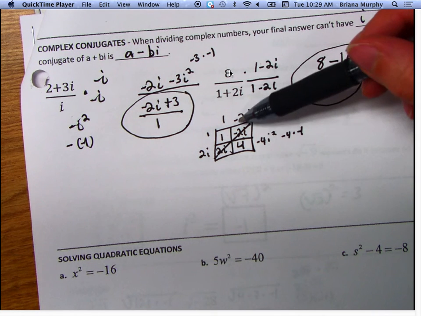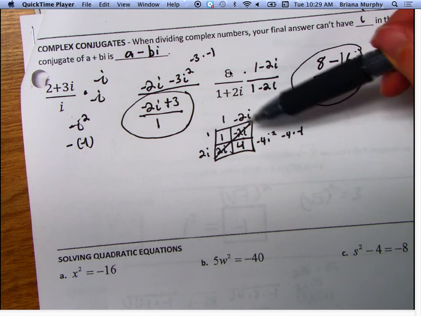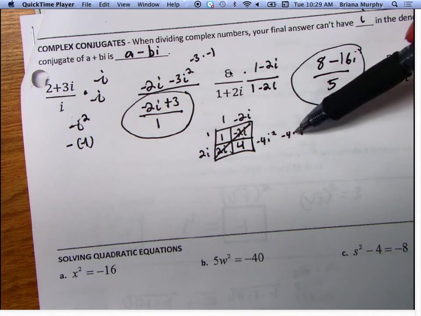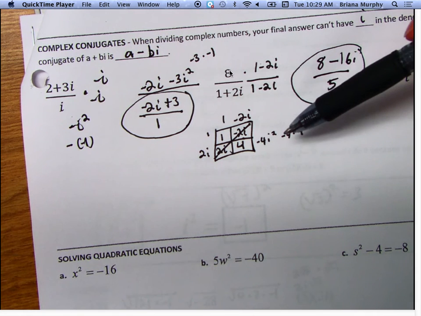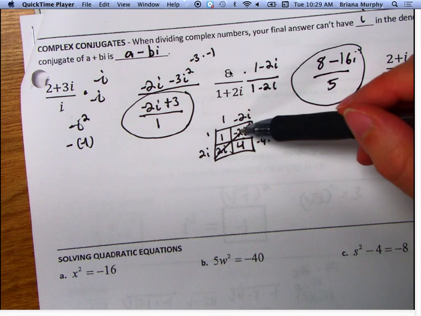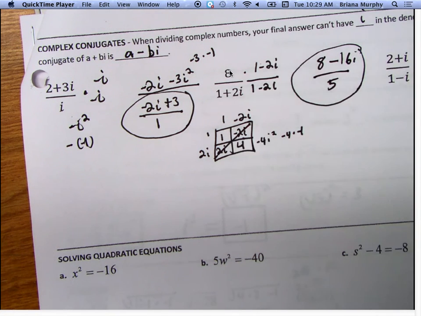Negative 2 times 2 is a negative 4. i times i is i squared. i squared is negative 1. Negative 4 times negative 1 is a positive 4. Okay, now we add everything that goes together. 2i and negative 2i cancel each other out. That's a 0, right? 1 plus 4 gives me 5. Good? Okay.